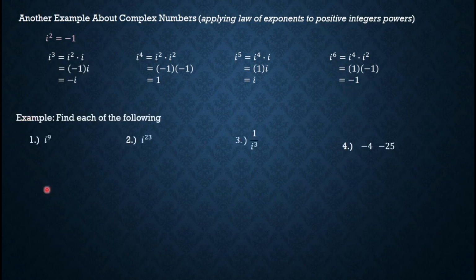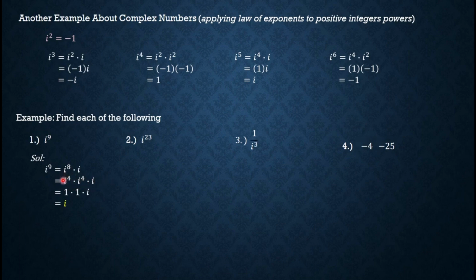So for example, first, i to the power 9. We separate the i. So i to the power 8 times i. We split the exponent into 4s. So i to the power 4 times i to the power 4 times i.